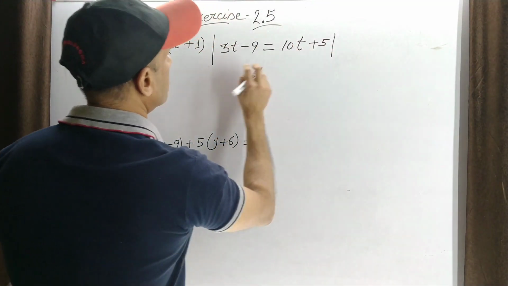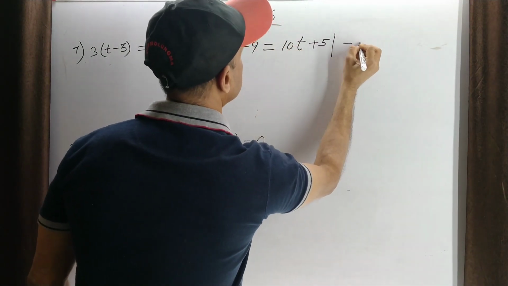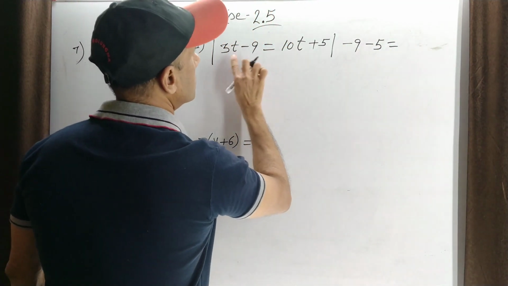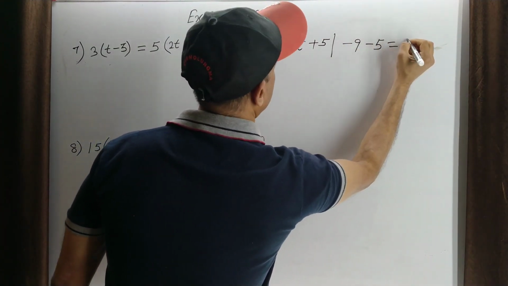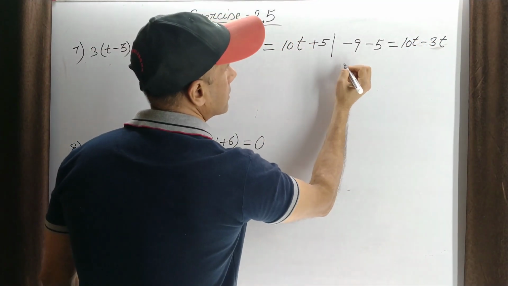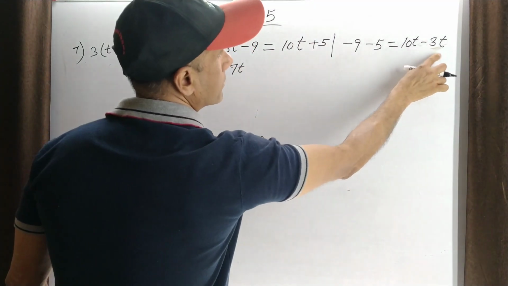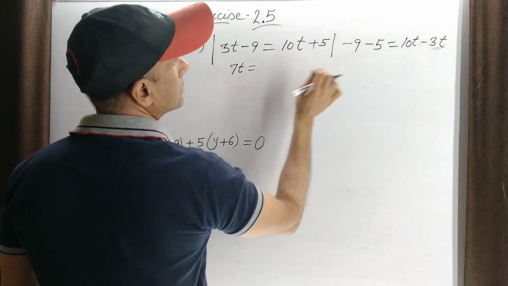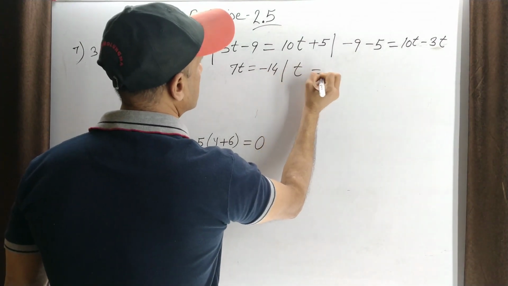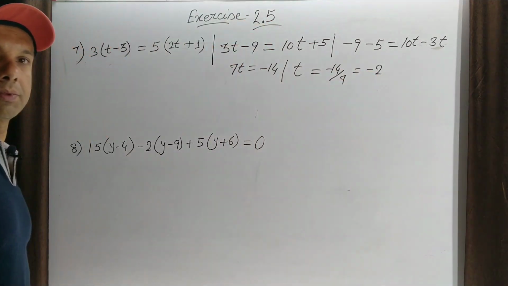We take 3t to the other side, so we get minus 9 minus 5 is equal to 10t minus 3t, so we get 7t is equal to minus 14. So t is equal to minus 14 by 7, which is minus 2. Clear?